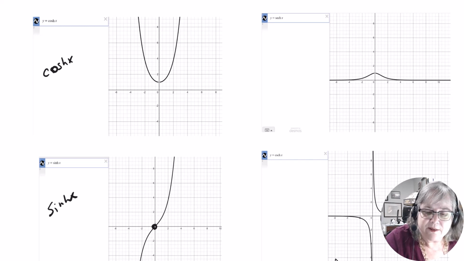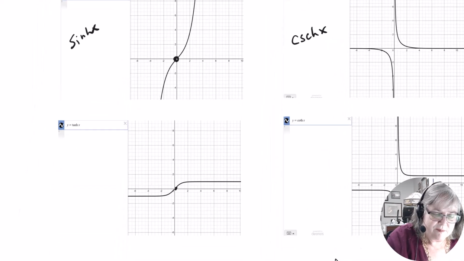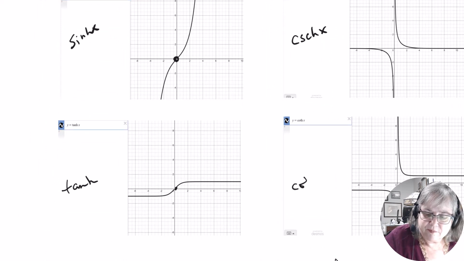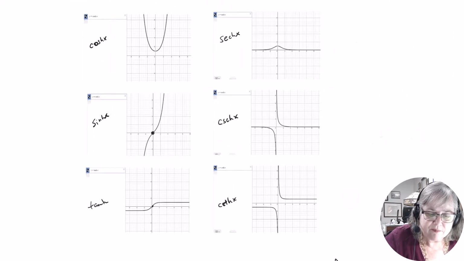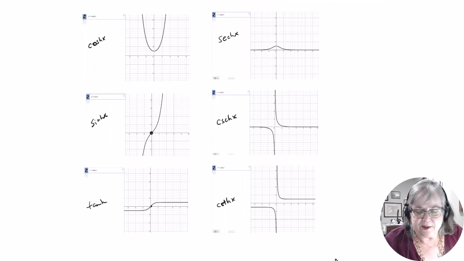I got these off the Desmos, but you can hardly see what's written up there, by the time you shrink it down. So this is what they look like, in case you want to take a screenshot or see what's going on there. Okay?